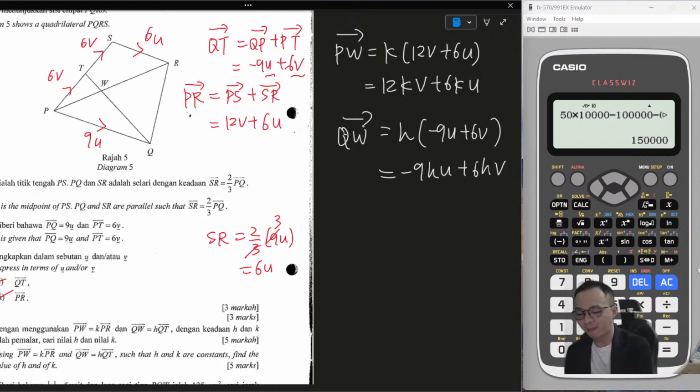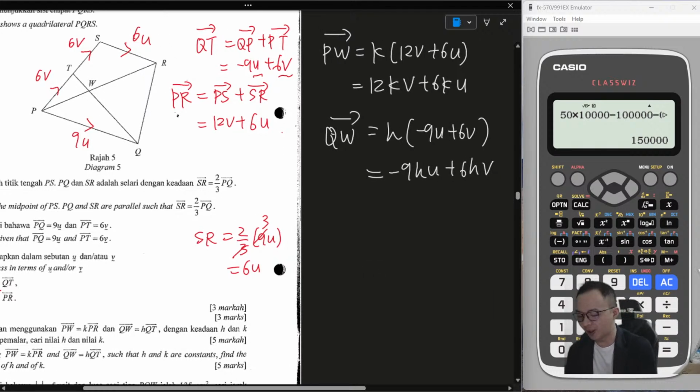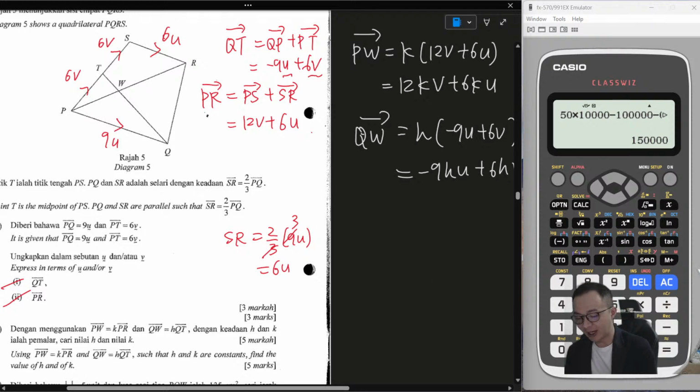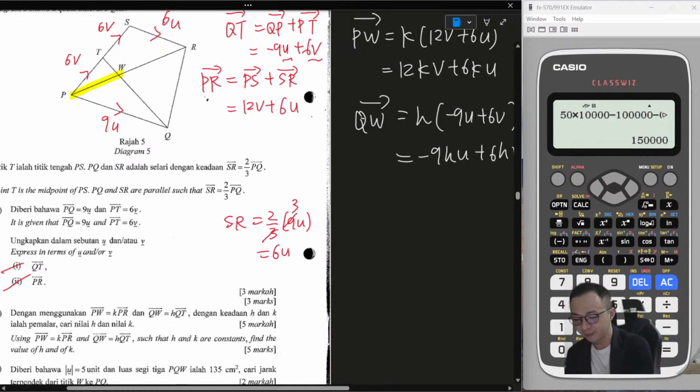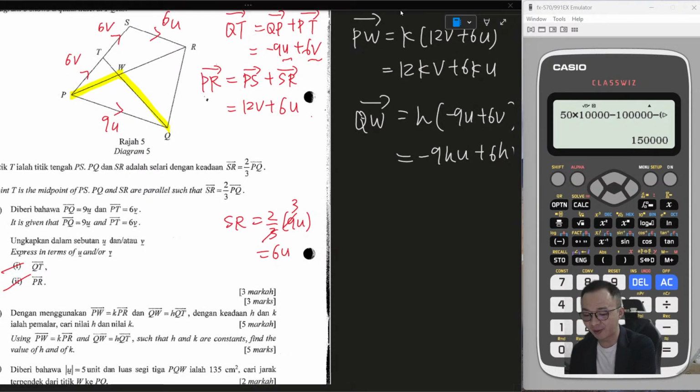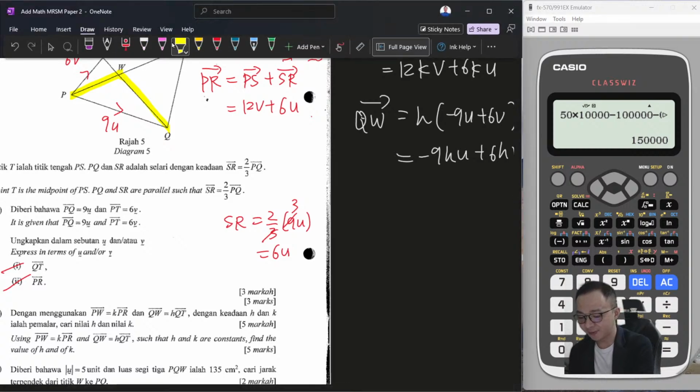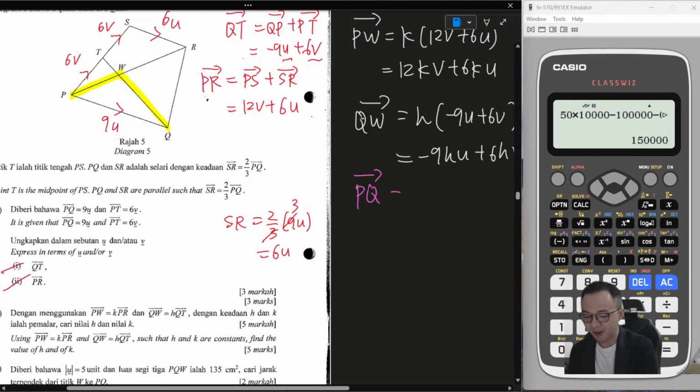Okay, but I need to combine both of these to form one equation. I realized they are talking about this part, PW, QW. So I can use PQ to combine both of them. I will say PQ is PW plus WQ.